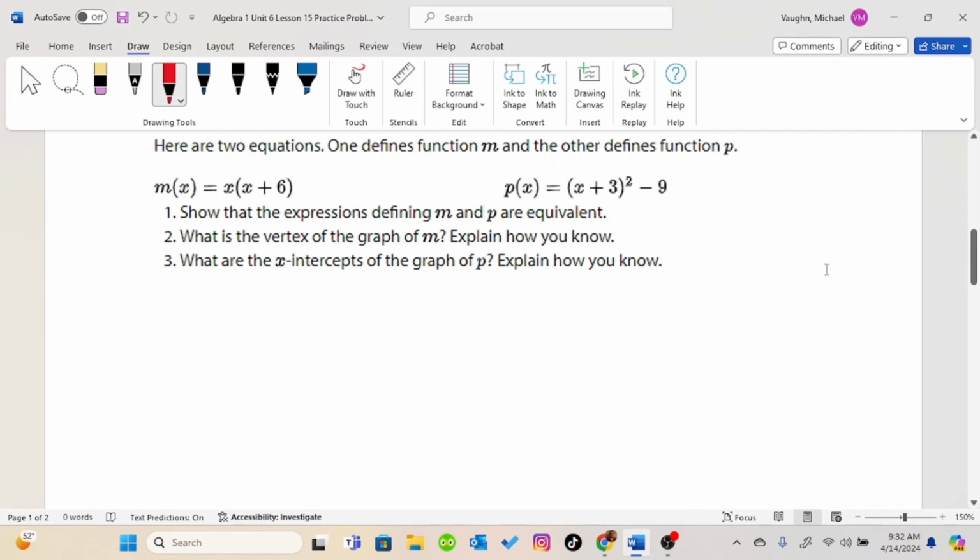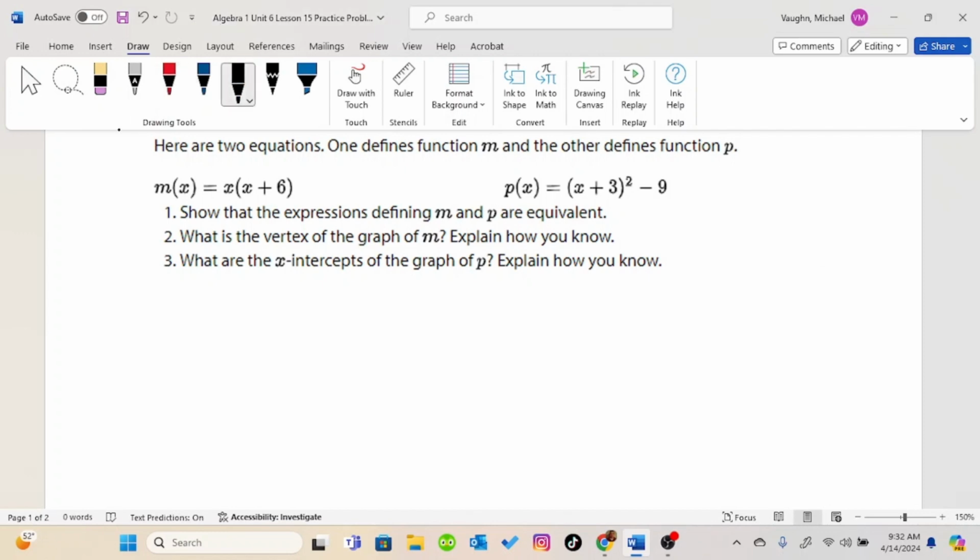Here are two equations. One defines function m and the other defines function p. Number 1, show that the expressions defining m and p are equivalent.